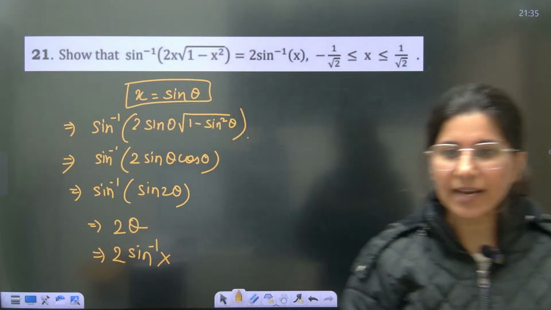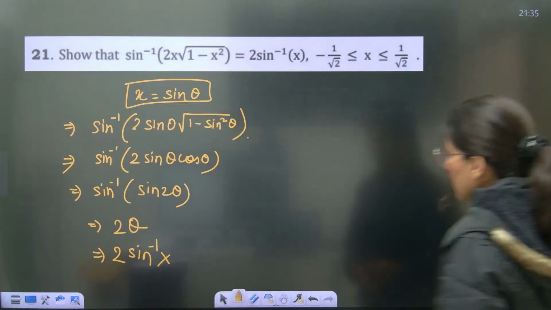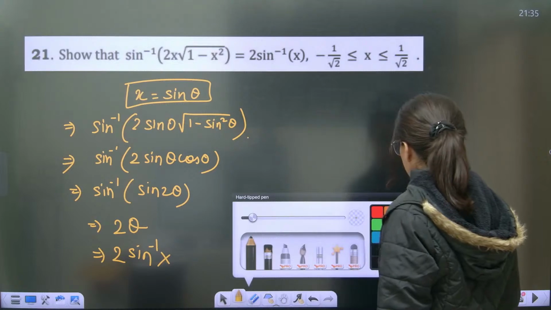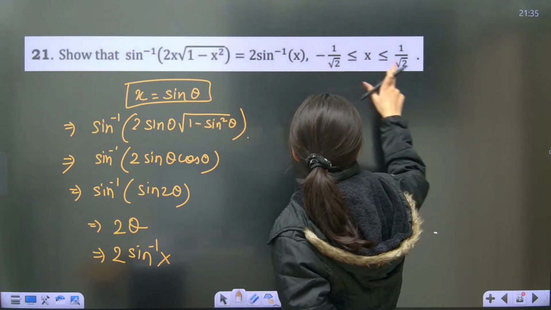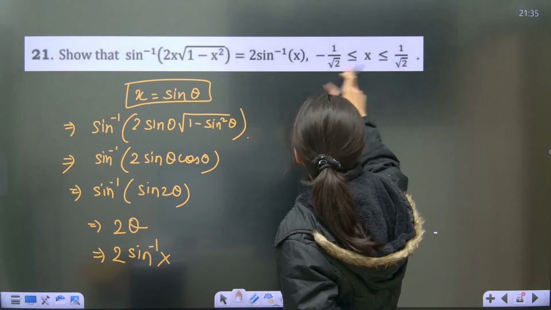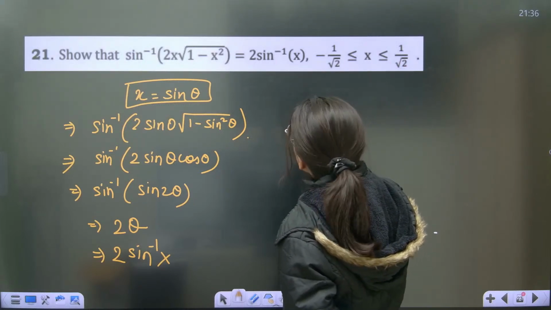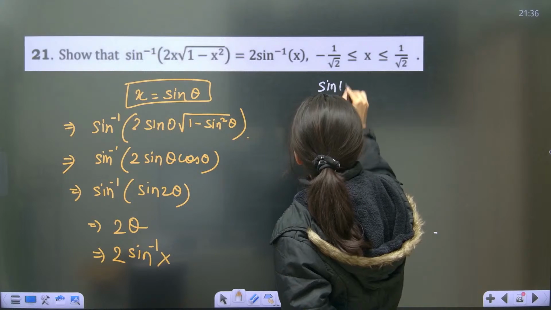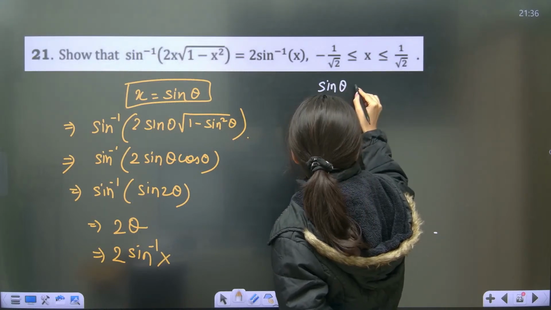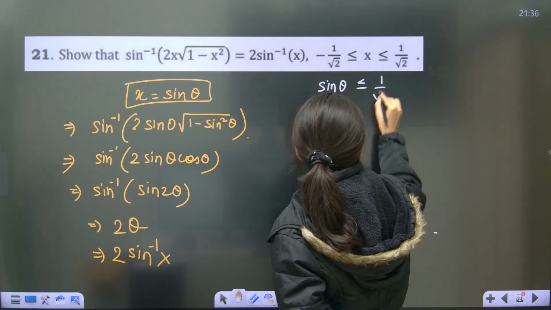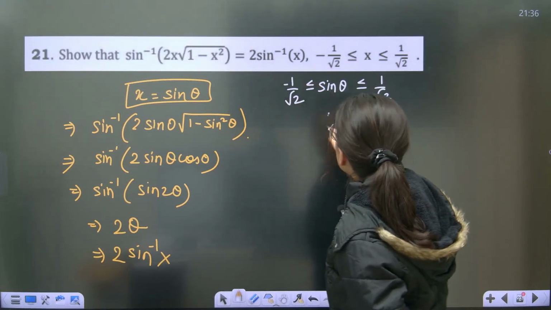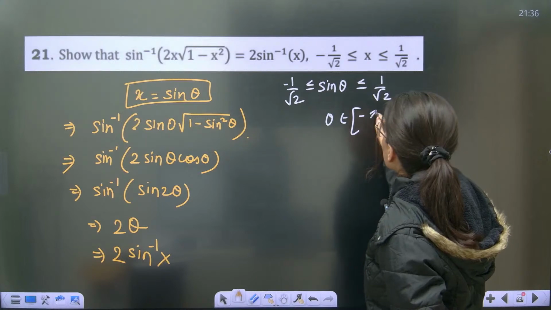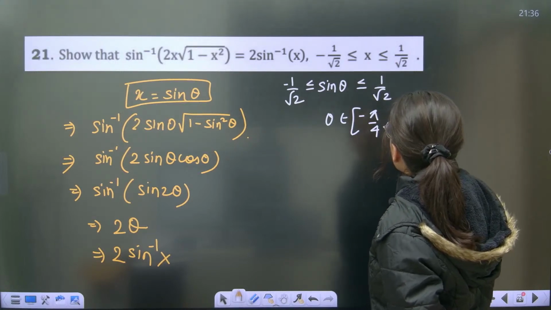Getting it? Understanding it? That's how you do it. Also, don't forget to write: if x is sine theta, x lies from minus 1 by root 2 to plus 1 by root 2. So sine theta is less than or equal to 1 by root 2 and greater than or equal to minus 1 by root 2. So theta belongs to minus pi by 4 to pi by 4.